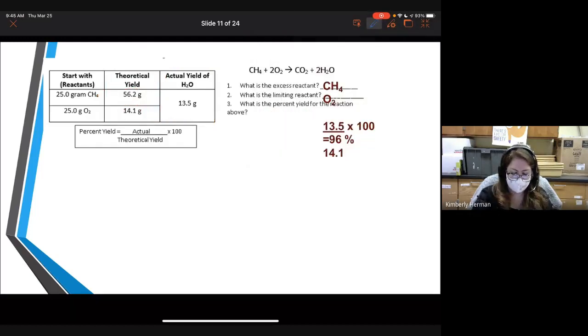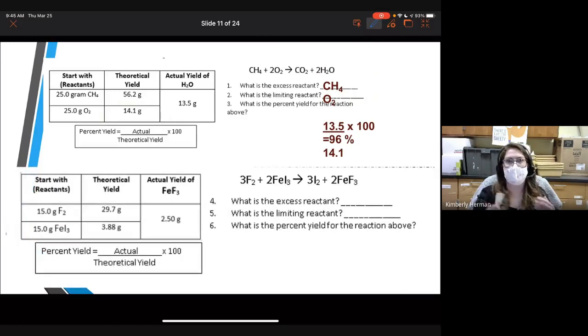Okay, so now let's try our second example. You might want to pause the video and try it on your own for this single replacement reaction. Okay, welcome back. Hopefully you did pause it, and you would see that 15 grams of the first reactant would make 29.7 grams, and 15 grams of our second reactant was able to make 3.88 grams. Now we don't need the actual yet, so remember excess is going to be the higher.